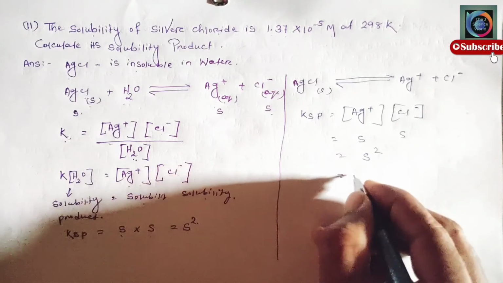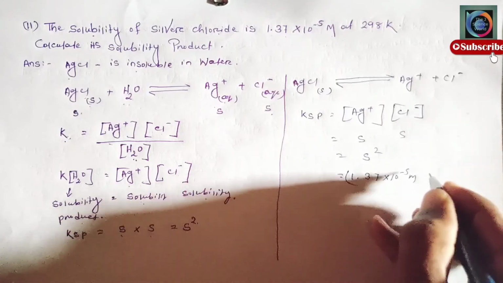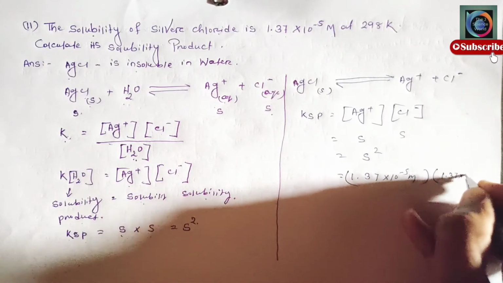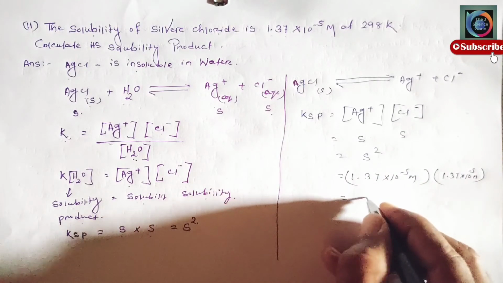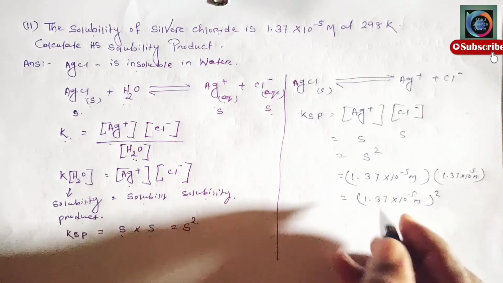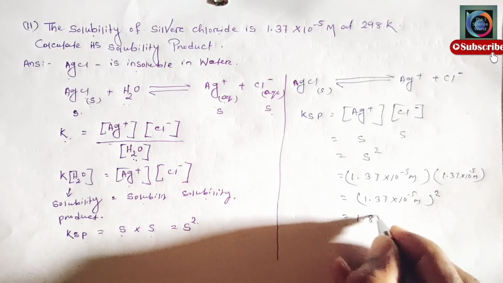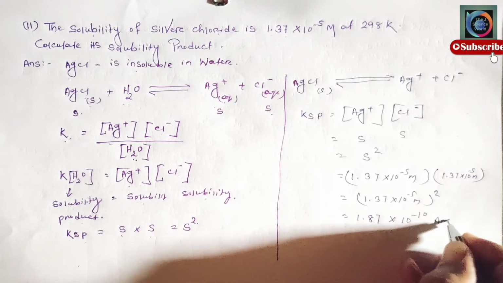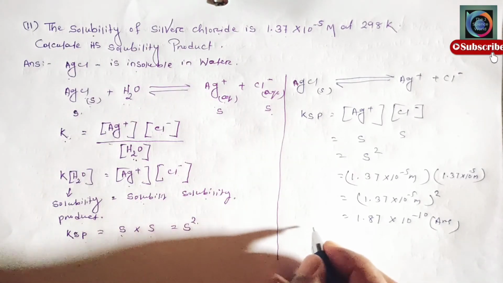So we use 1.37 into 10 to the power minus 5, and here also 1.37 into 10 to the power minus 5, that is 1.37 into 10 to the power minus 5 M square. Well, the result is 1.87 into 10 to the power minus 10. That is our answer, the solubility product of silver chloride, AgCl.